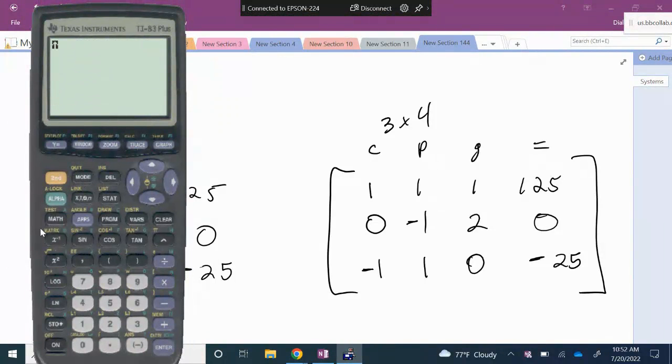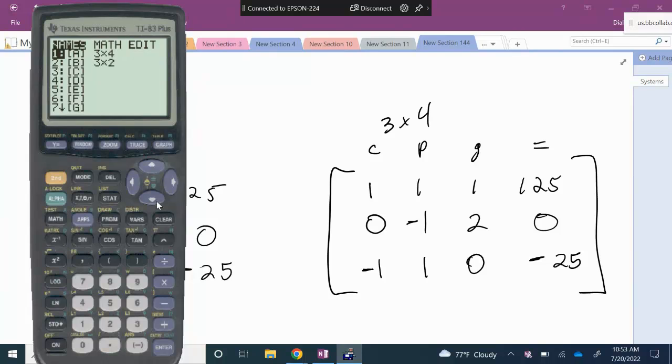Let me just check the matrix. Okay, 125, 0, negative 1, 2, 0, negative 1, 1, 0, negative 25. All right, so that looks good.